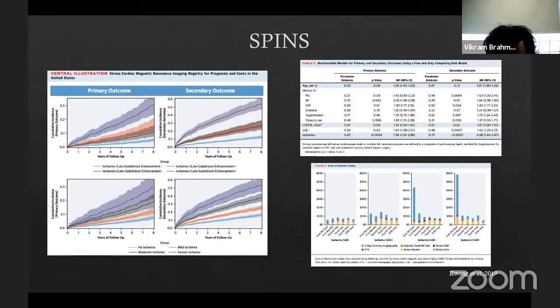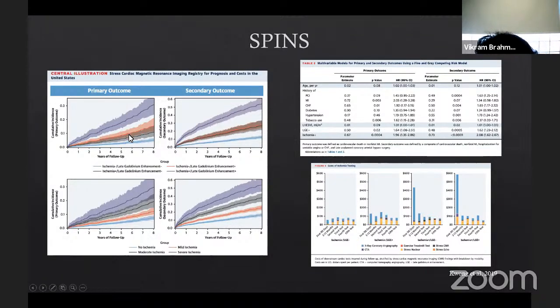And so looking a little more closely, on the left, we have event-free survival stratified by ischemia and the presence of late gadolinium enhancement. And on the bottom, we have stratification by the severity of ischemia. And again, same finding with the blue line here. You can see that the event rate is low and significantly different from ischemia positive, LGE positive. The middle group, there wasn't a statistically significant difference.